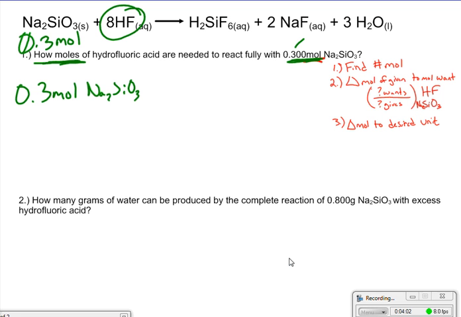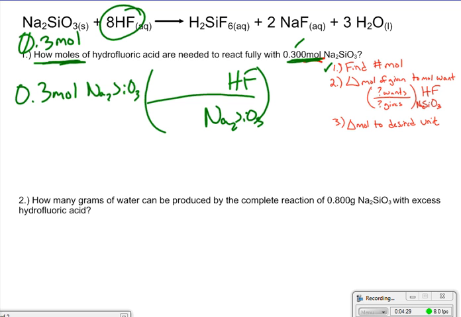All right, I'm going to multiply this by my ratio, right? Because we can skip step 1. Check, we're done with that. Step 2, change moles of given to moles of want. And it always goes in the format of what I want. What do I want? I want HF, hydrofluoric acid. What do I have? I have sodium silicate.